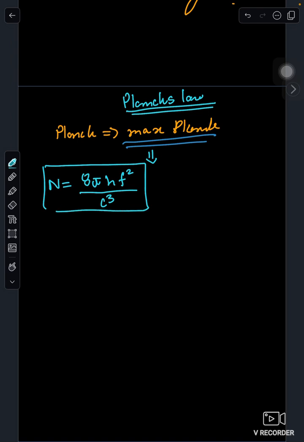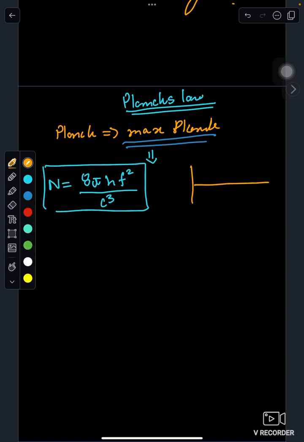So he said that a stationary wave can, this is what mode calculation is about, of a stationary wave. This stationary wave, radiation of the stationary wave shows, wait, let me write another equation.